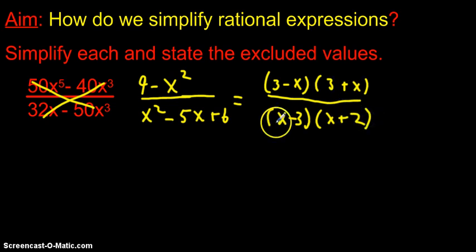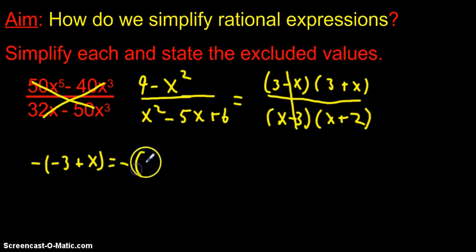Alright, so in this case, the question is, does anything cancel out? The truth is these do, and the whole purpose of this problem was to indicate that when you cancel out two opposite signed polynomials in this form, you have a negative 1 left over. And here's the reason for that. If we factor out a negative 1 from here, that's negative 3 minus plus x, which can be rewritten as negative x minus 3.